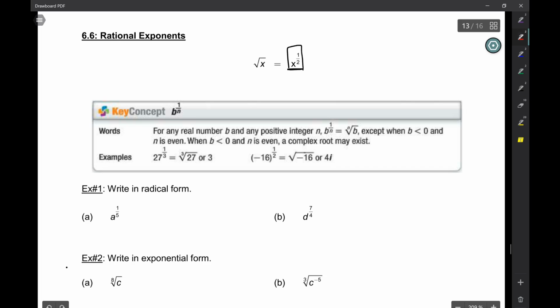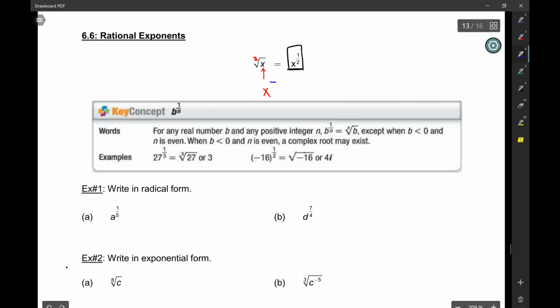Remember, when you have the square root, here you've got your index, and if it's a square root, the index is 2. What you can do is write a root in power form, in exponent form. You have the base, x, and you raise that to an exponent, which is a fraction.